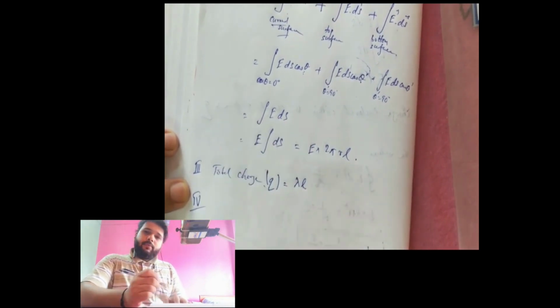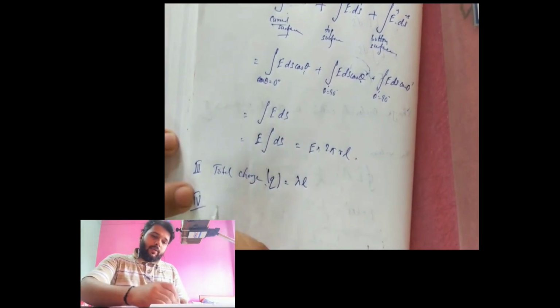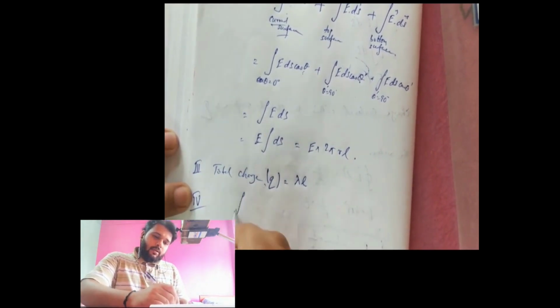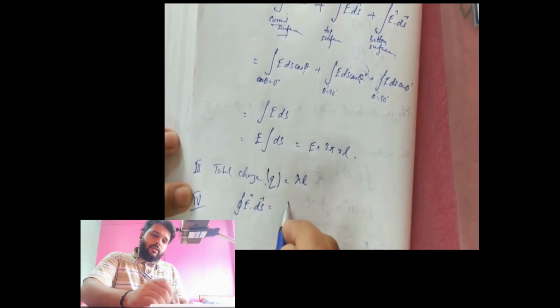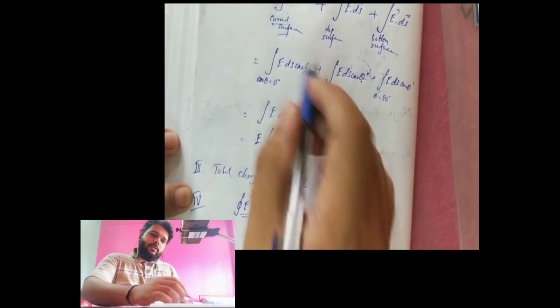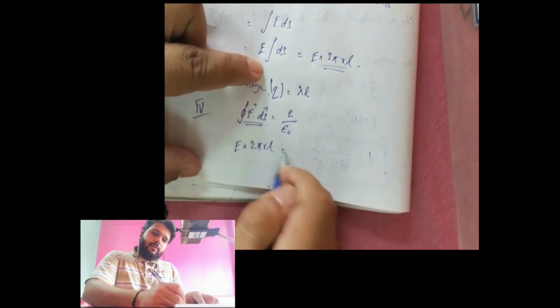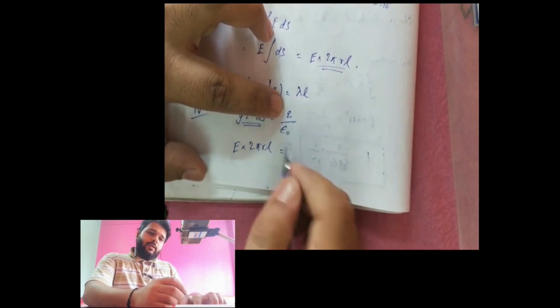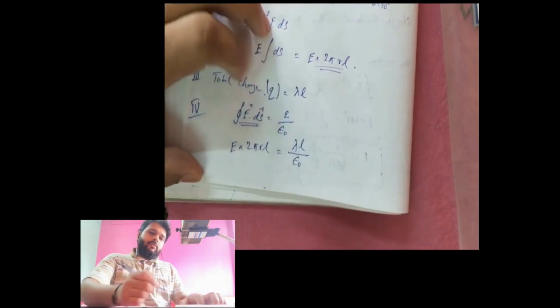Now we got this. In the fourth step, we are going to put the values in Gauss's theorem. So this is Gauss's theorem: E dot ds is equal to q by epsilon naught. The value of E dot ds we get from the second step, that is 2 pi RL. So we can write E into 2 pi RL is equal to q by epsilon naught, and the total charge is how much? Lambda L by epsilon naught.